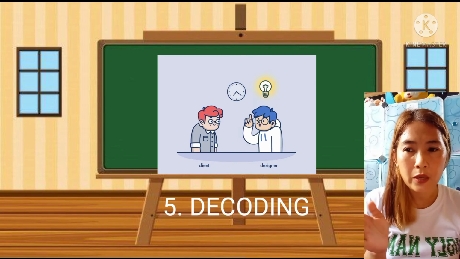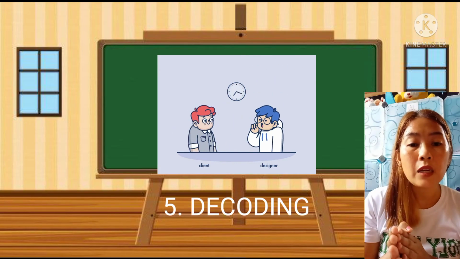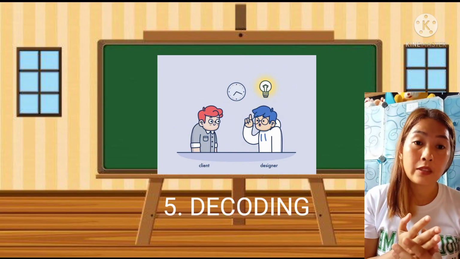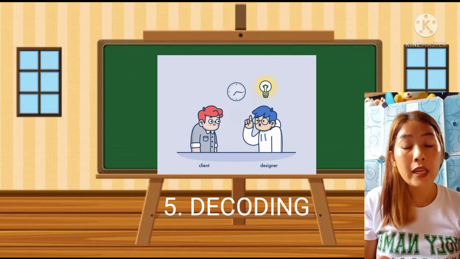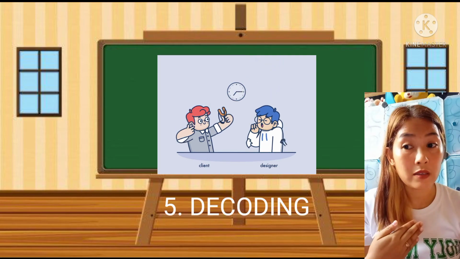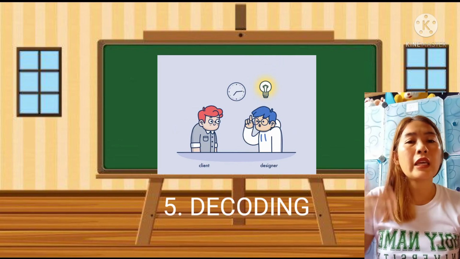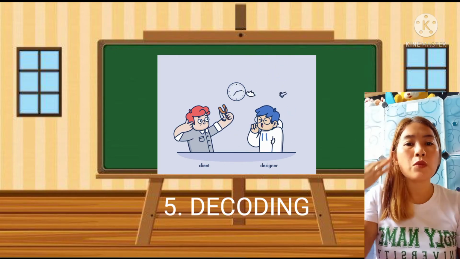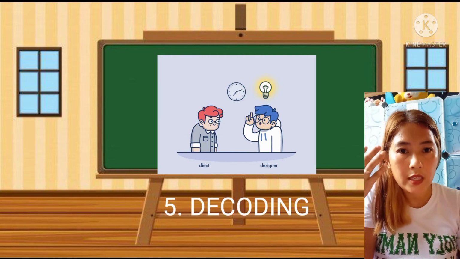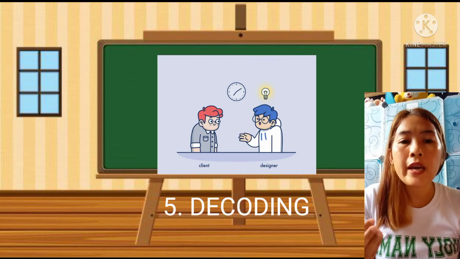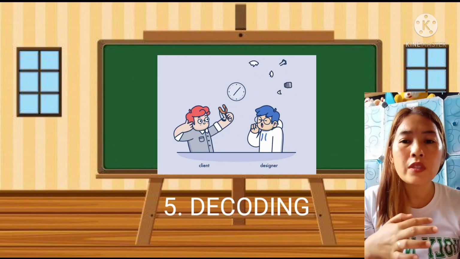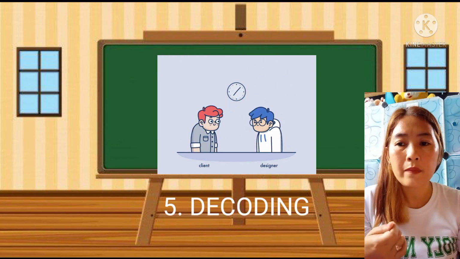Karon, ani na punta sa decoding. Kani si decoding, ani ni siya nahitabo ni receiver. Right? So, iyahang gi-process o giunsa niya pagdawat sa imuhang gisulti. Iyahang gisabot og unsa ang imong gisulti niya.